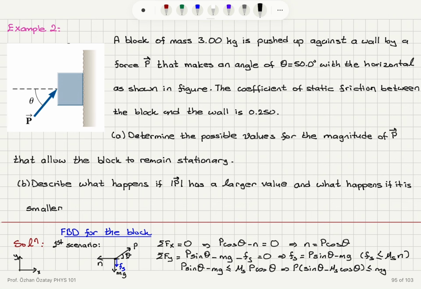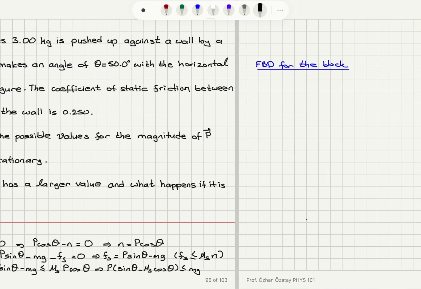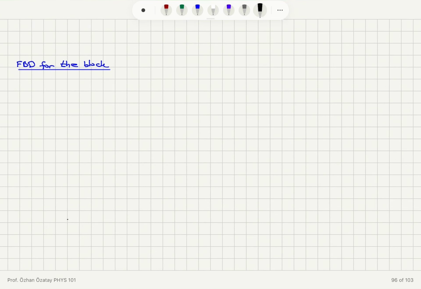So this gives me one possible answer for P, that is, P is less than or equal to mg divided by sine theta minus mu s cosine theta.